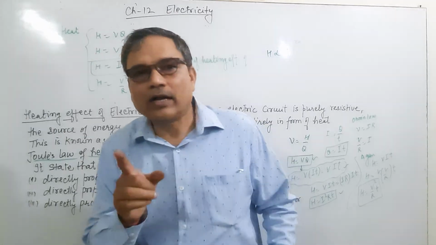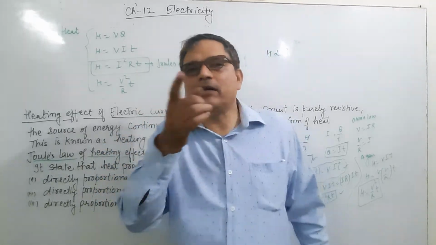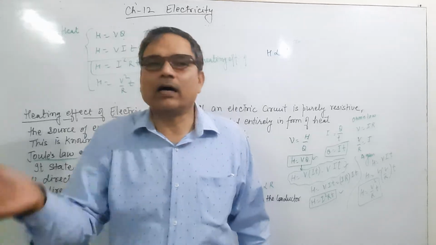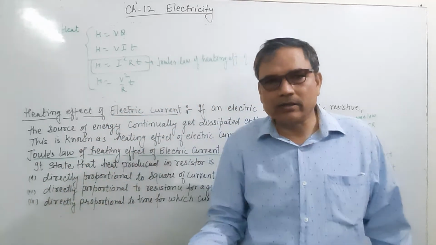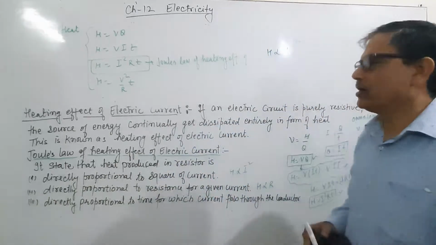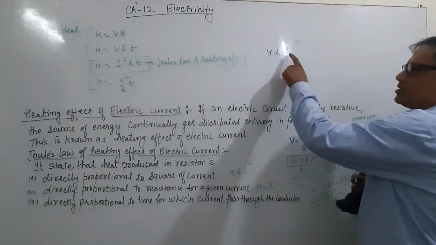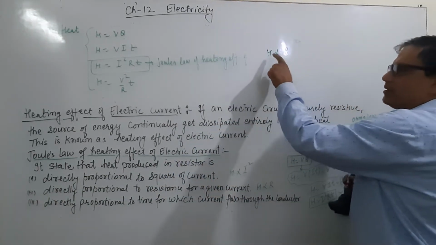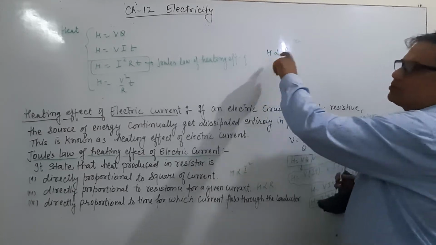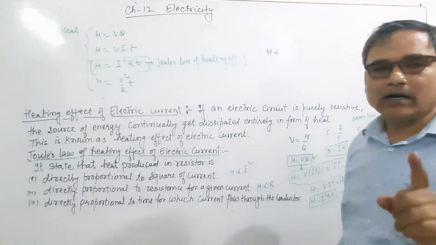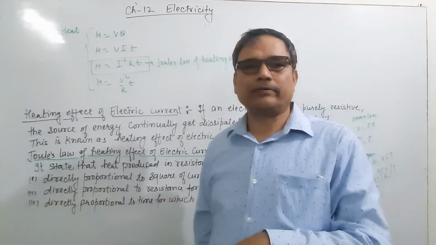Directly proportional means if one variable is increased, the other will also increase, and if one variable is decreased, the other will also decrease. But the condition is for the same current.